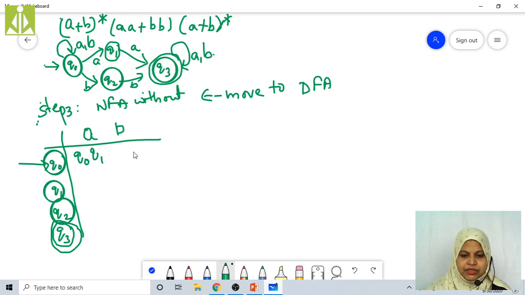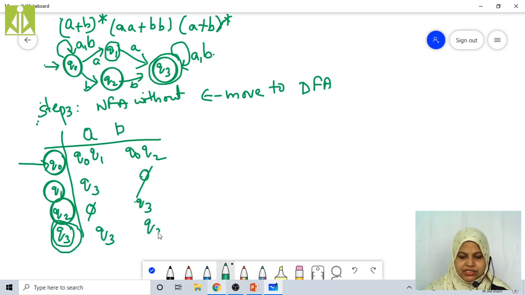Q naught on B, Q naught, Q2, right? Q1 on A, Q3. Q1 on B, null. Q2 on A, null. Q2 on B, Q3. Q3 on A, Q3. Q3 on B, Q3. This is my transition table for the NFA without epsilon moves.